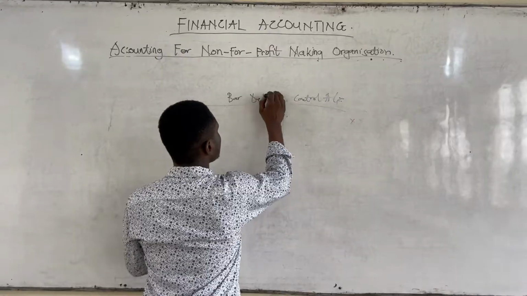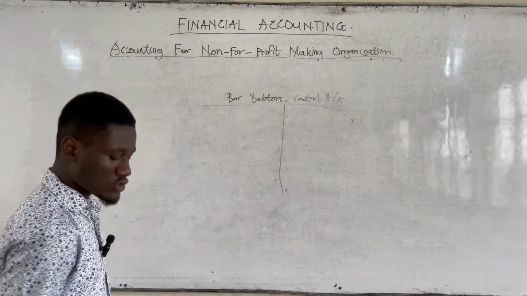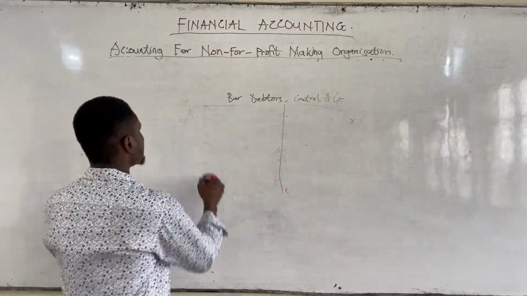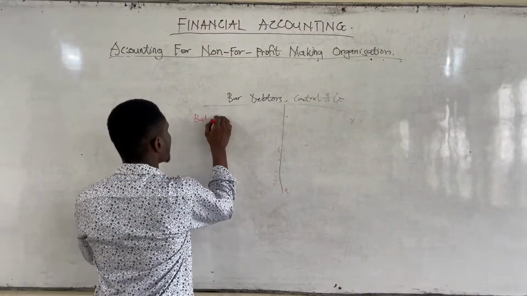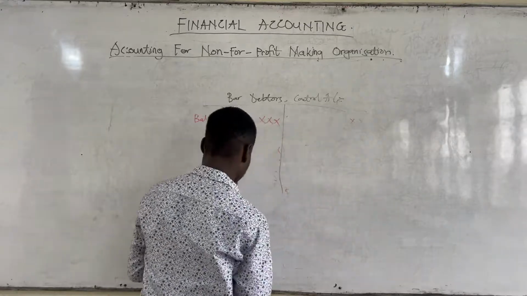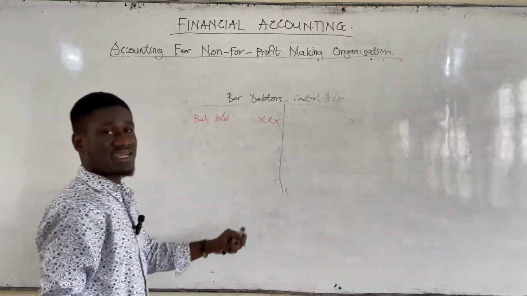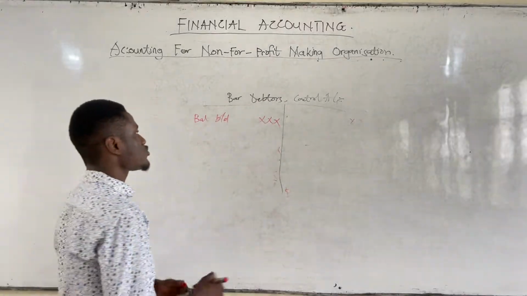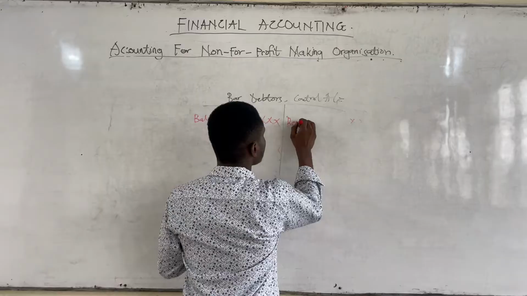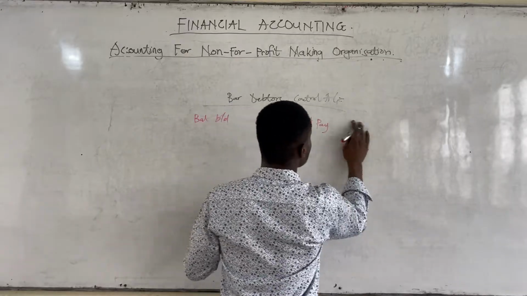With this one, we have our balance brought down this year, because assets will have a debit balance. So our balance brought down will be here. Any item relating to bar debtors or debtors amount in the receipts and payments will be here.